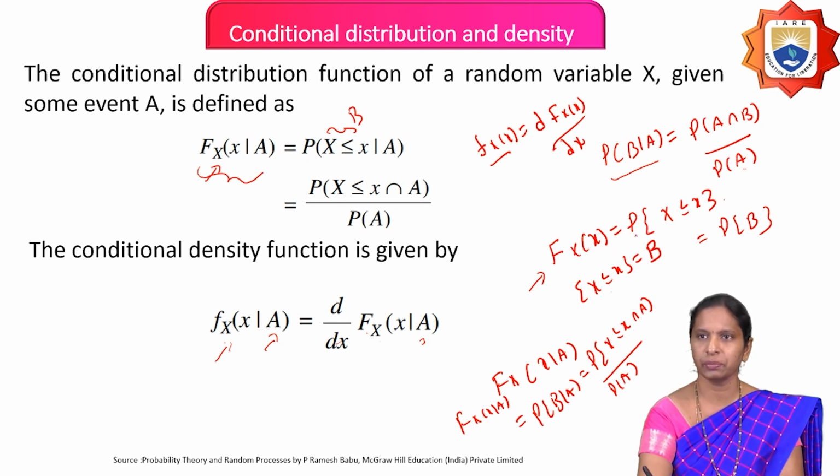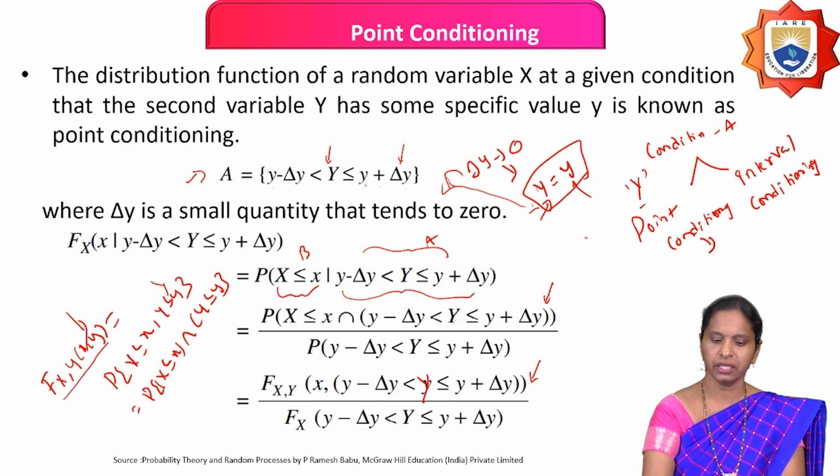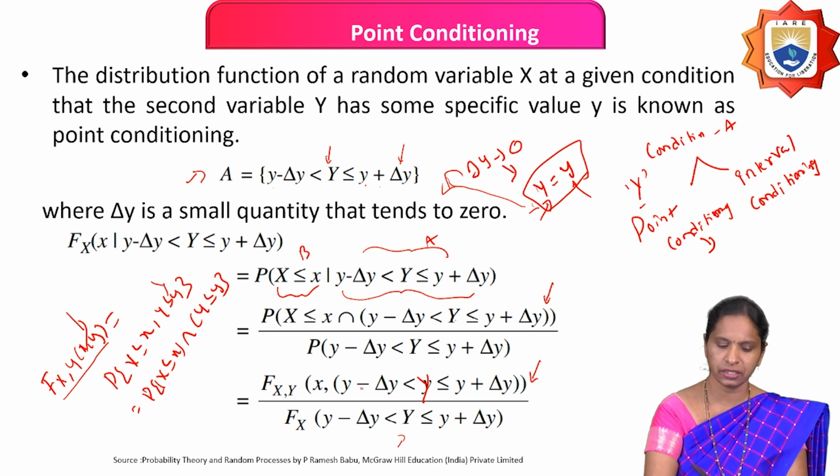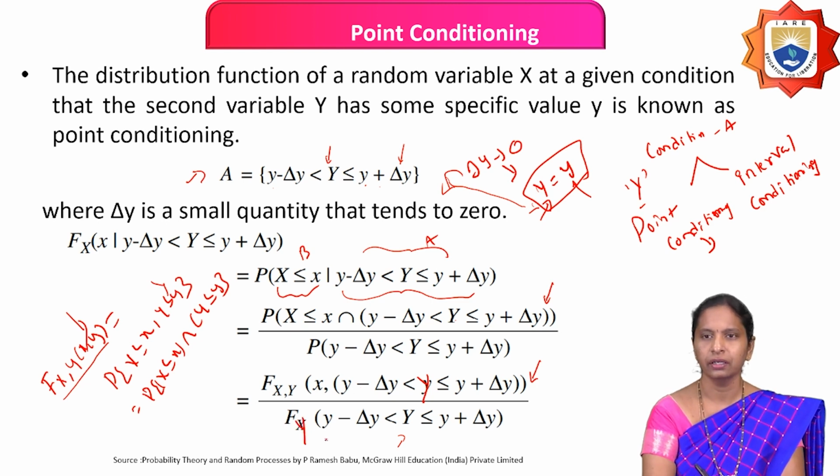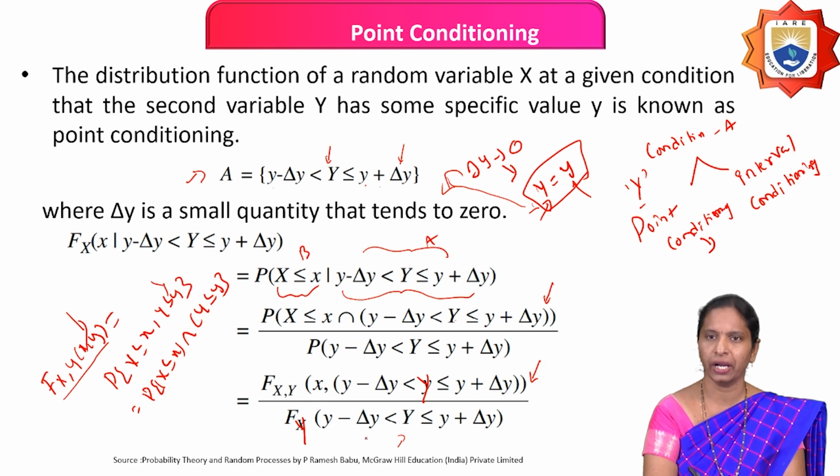Fx of x is the distribution function of the random variable X, which is the probability that the random variable X takes a value less than or equal to small x. Now, in place of x here, I have Y. Therefore this is nothing but Fy, and in place of small y, I have y minus delta y less than or equal to y plus delta y.